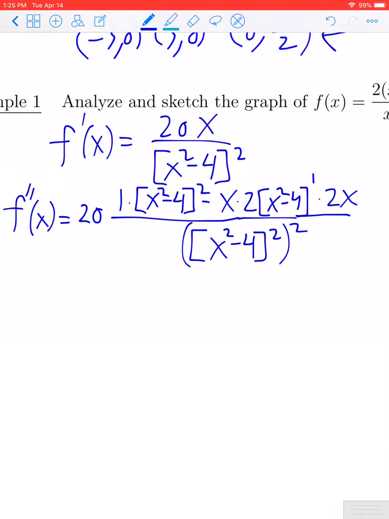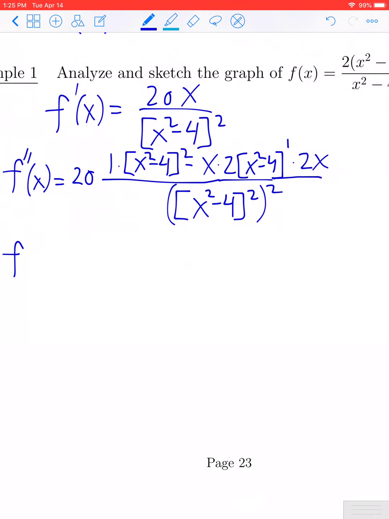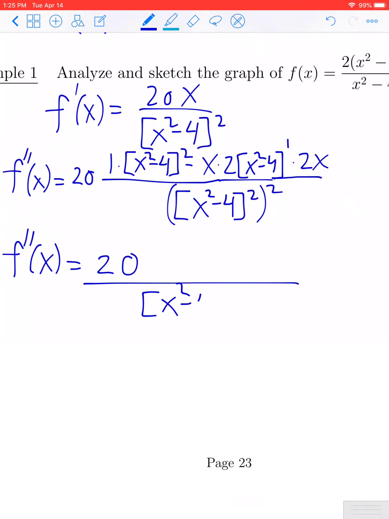We now want to simplify the second derivative. F double prime of x is equal to, and the way we're going to simplify this is by, again, pulling out common factors. We have this 20 up top. The denominator is going to be x squared minus 4 to the 4th power.